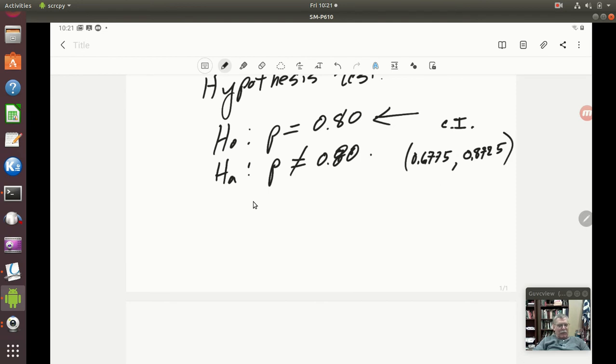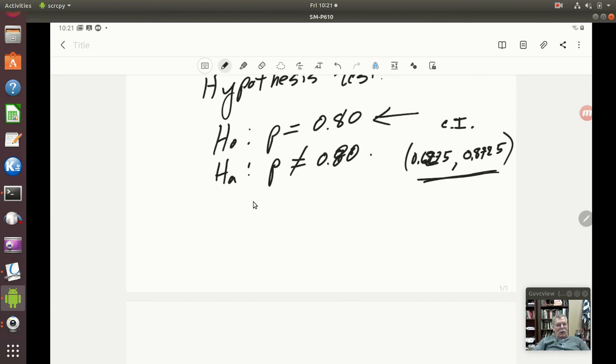I don't know if that's quite right, but the important part is that 0.8 is in there.